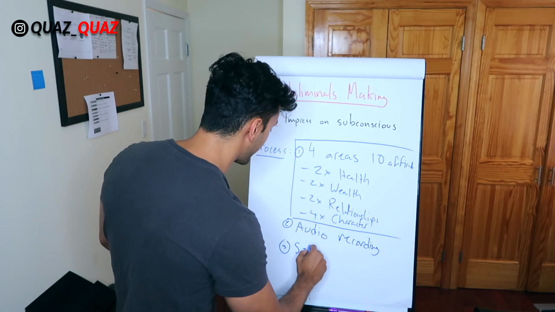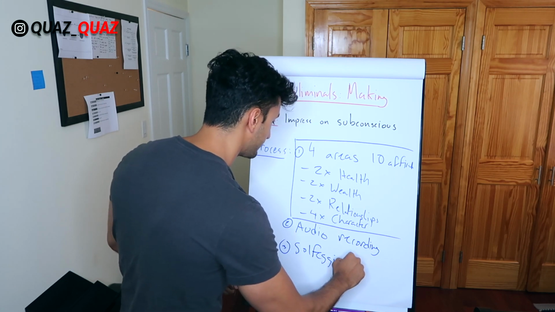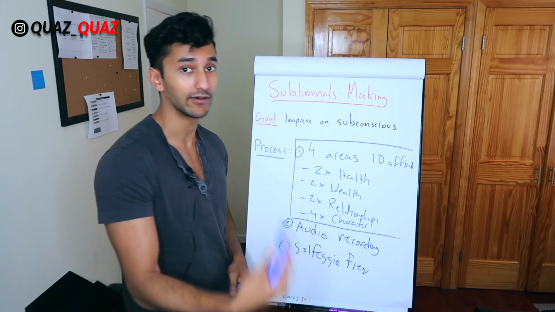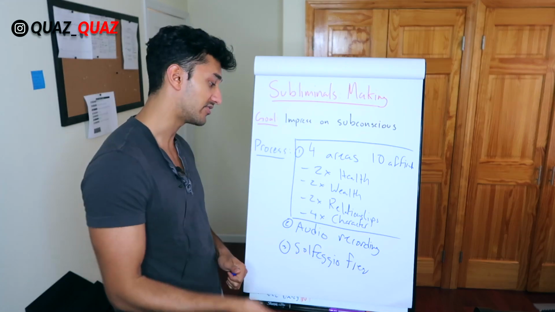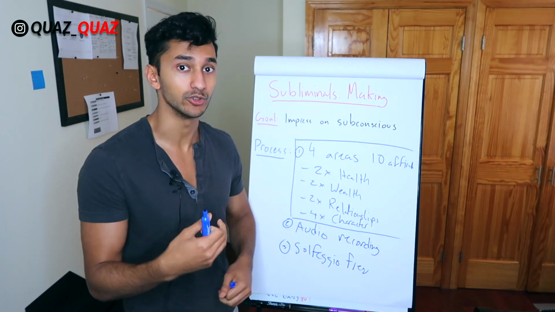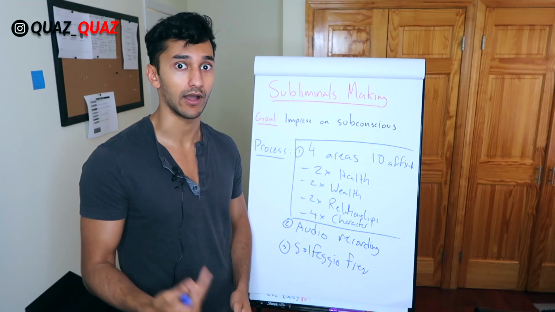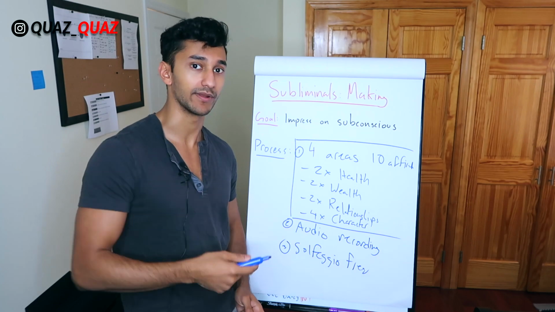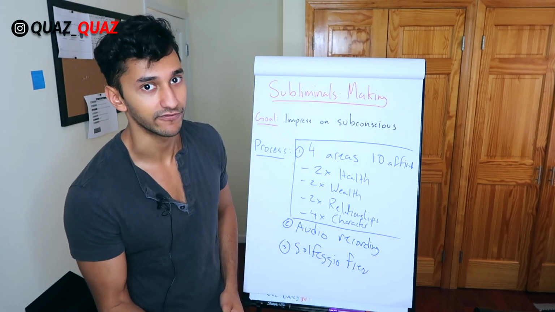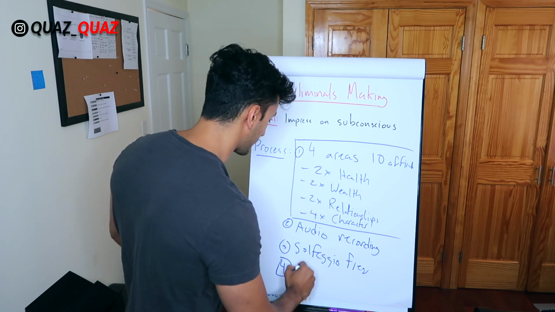So find a solfeggio frequency of your choice, download it from YouTube, and then sync it up to your audio. Turn the volume down. Use Movie Maker, Final Cut Pro, whatever it is to edit your subliminals, and then transfer it to your phone. So 4, transfer to phone.